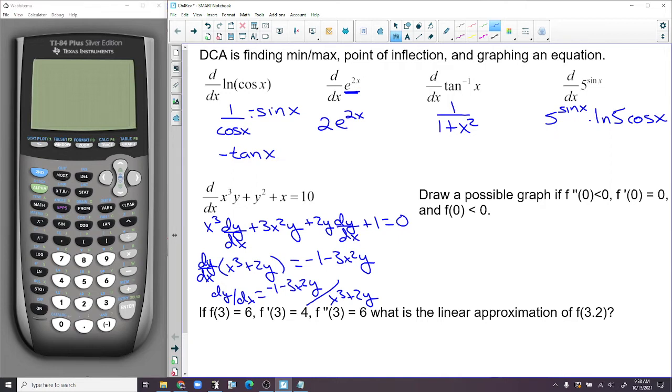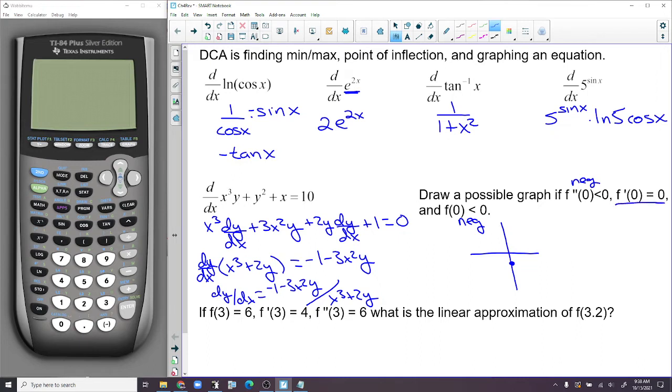Draw a possible graph of this situation. The first derivative is 0, and the second derivative is negative, and the function is negative. So if the function is negative, now we're only talking about very close to 0, then we're at 0, negative something.